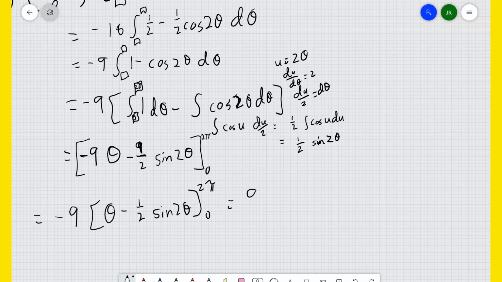So that's going to equal -9, 2 pi minus 1/2 sine of 2 times 2 pi, so that's sine of 4 pi, minus 0 minus 1/2 sine of 2 times 0, which is 0.